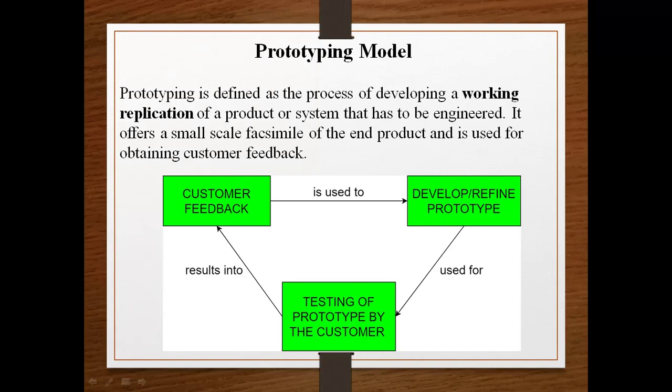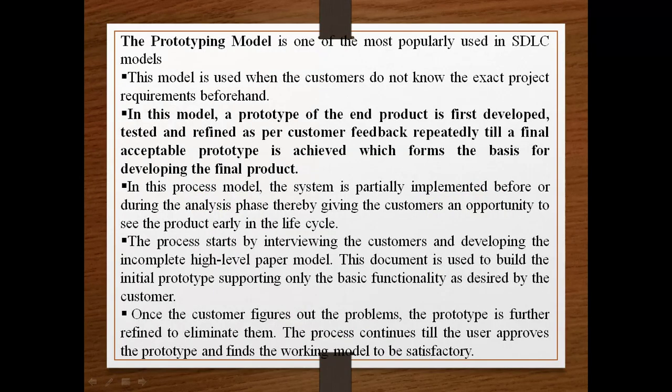Facsimile means a small scale of the end product, so it is understood how the building will look after construction. So prototyping will always consider the customer feedback. It will define, develop, refine the prototype, test again and give the result back to the customer.